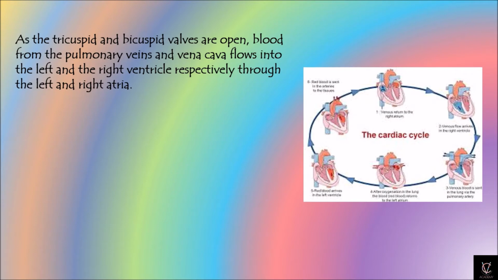There are four valves, and here we are talking firstly about the tricuspid and bicuspid valves. These valves are open as the blood from the pulmonary veins and vena cava flows into the atria, as they have to send it to the ventricles. At this stage, the semilunar valves are closed.